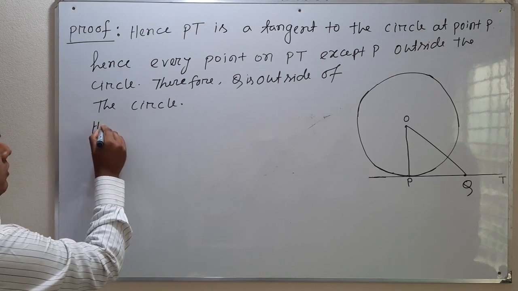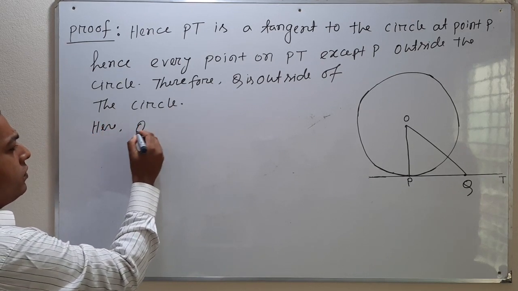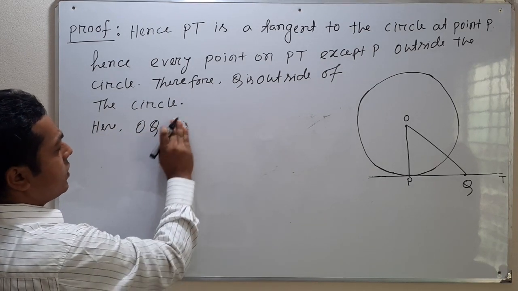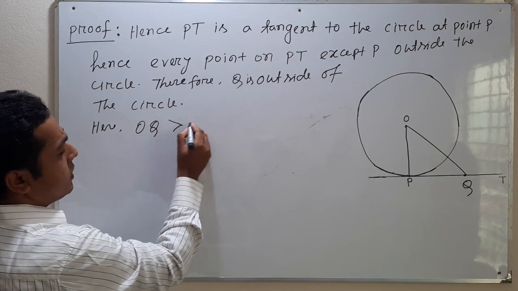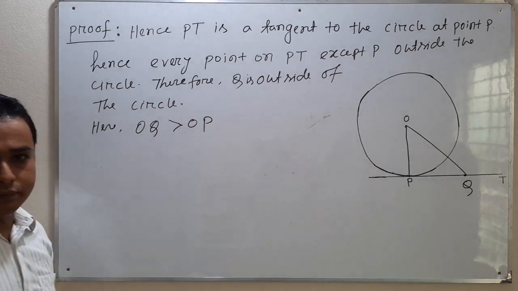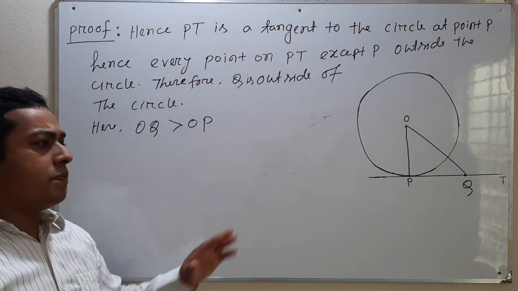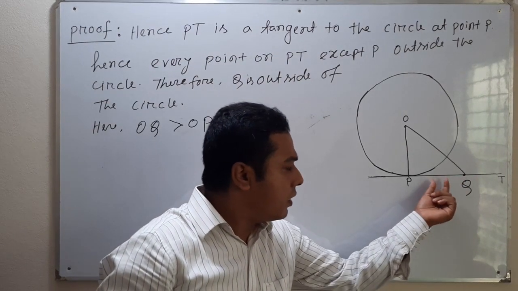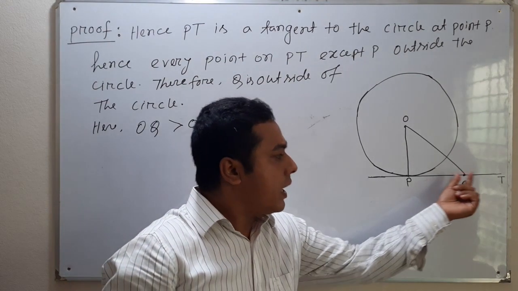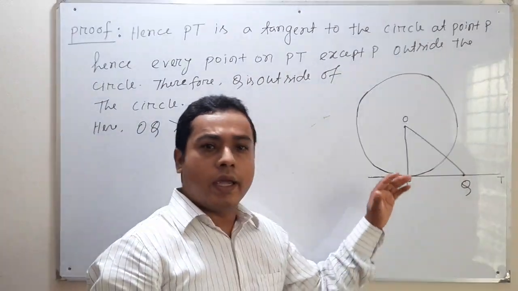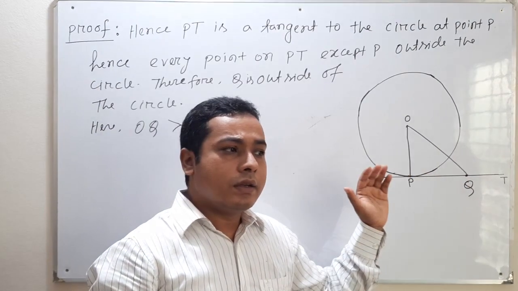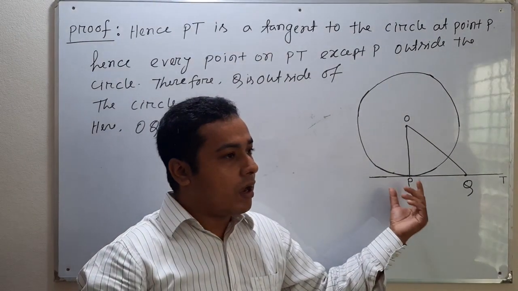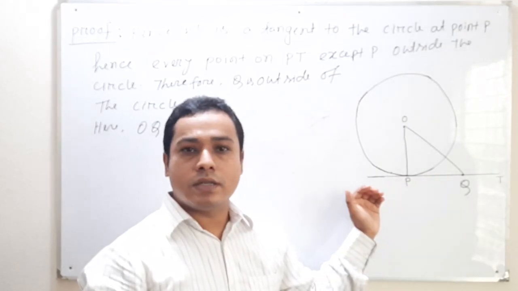Here OQ is greater than OP. It is true not only for Q. If you take any point L or M on PT, then this distance must be greater than OP, because except P, other points must be outside of the circle.